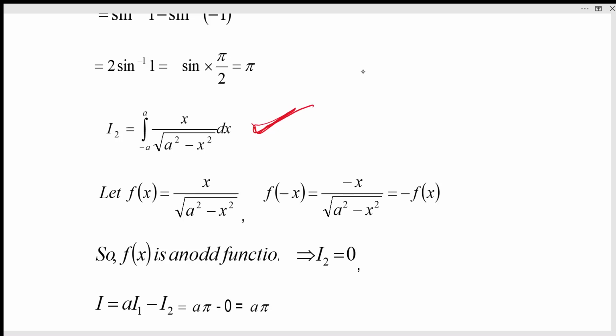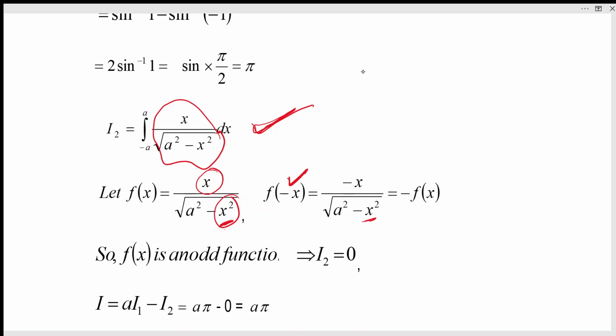Now this whole is the function. How do you check even and odd? In place of x, you put minus x. So I'm putting minus x wherever there is x, over here and here. The denominator over here has a square, so that will remain positive, and I'm getting one negative sign in the numerator.